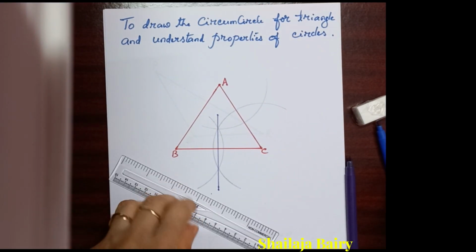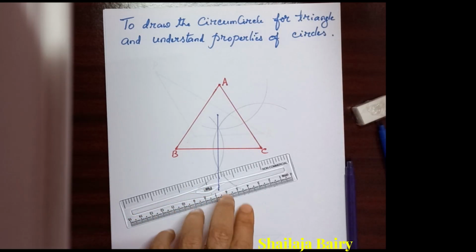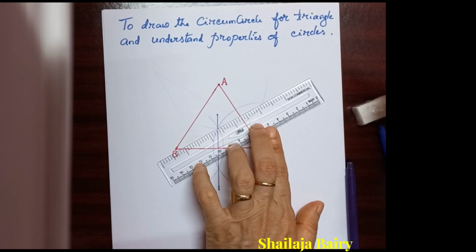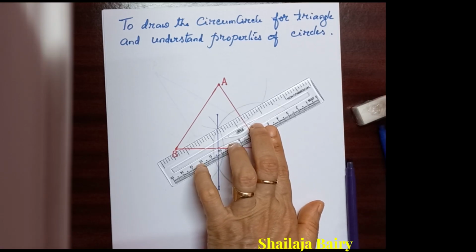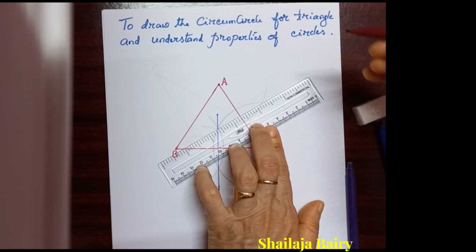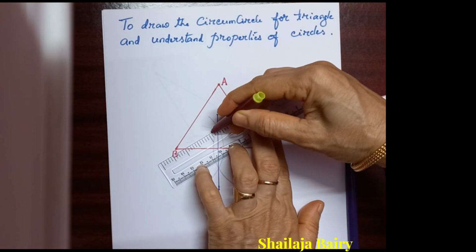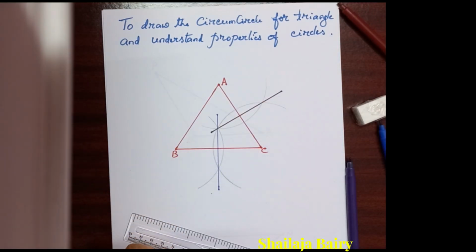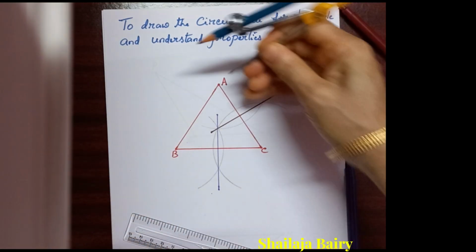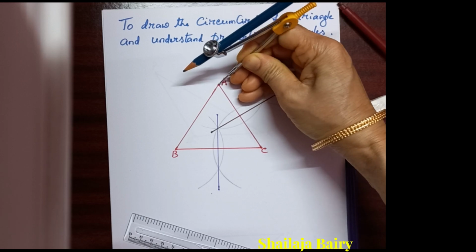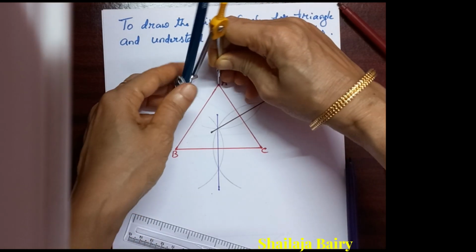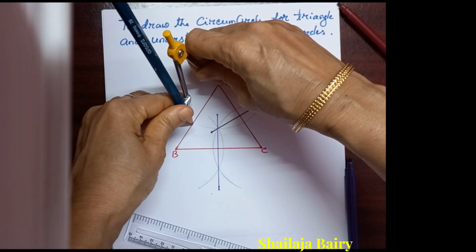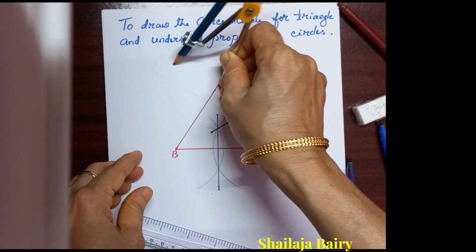And bisector of AC is done. Now the third one, bisecting the side AB. Actually bisecting two sides is enough, but let us continue to draw the three bisectors.